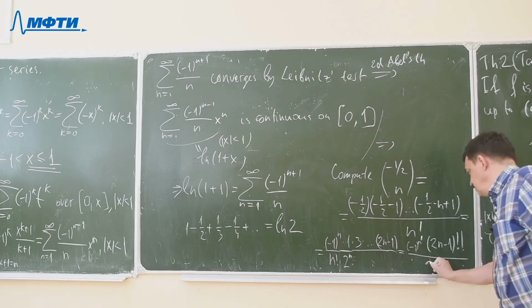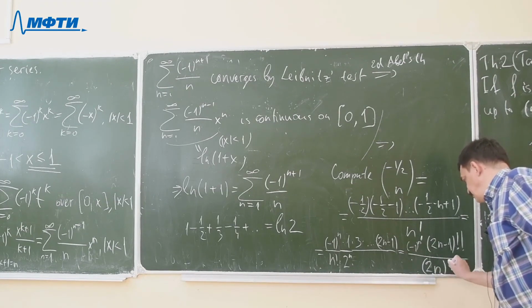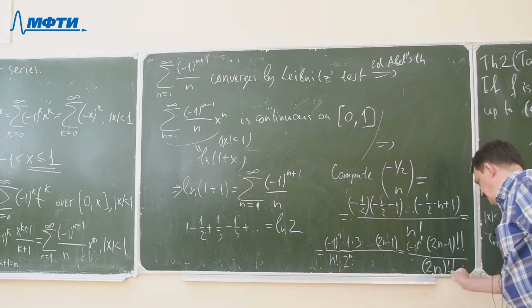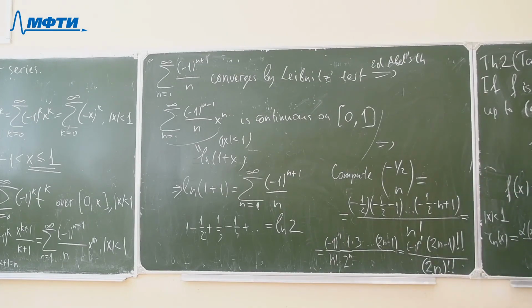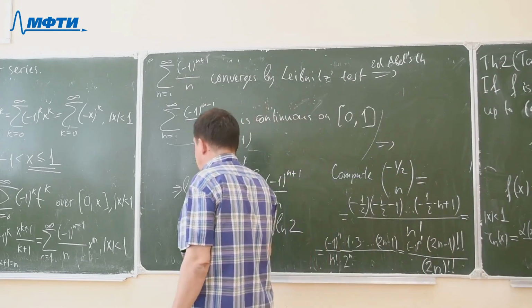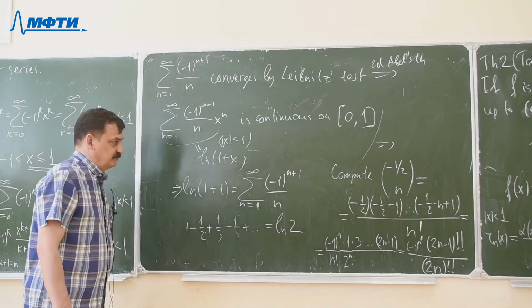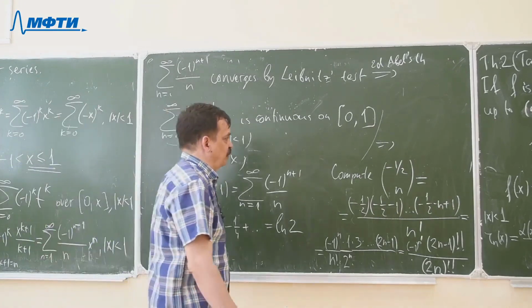Also, 2n double factorial we have in the denominator. That is a particular case when a binomial coefficient can be expressed in terms of the so-called double factorial. So what is a double factorial?